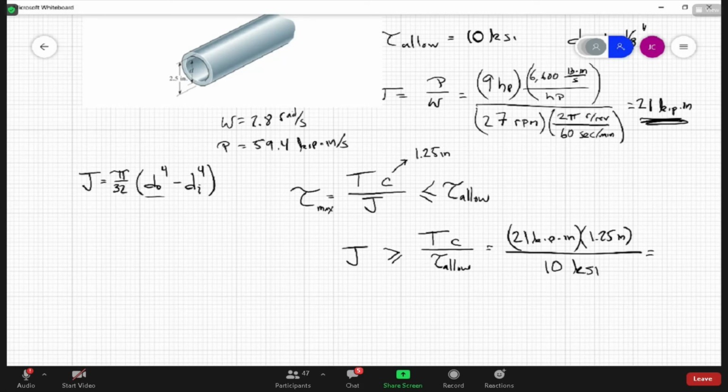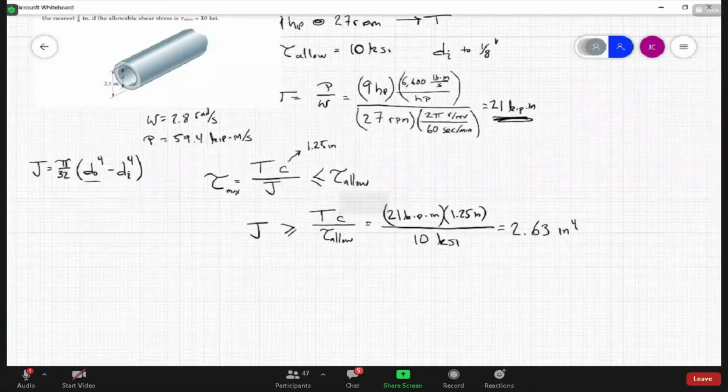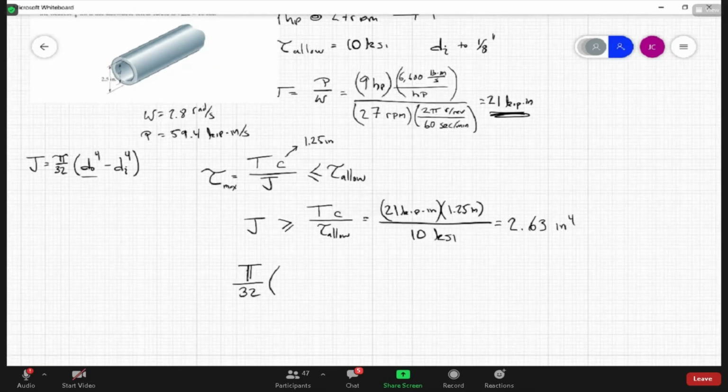So J has to be greater than or equal to 2.63 inches to the fourth. So the worst case, let's figure out what the inner diameter would be in that situation. We know pi over 32 outer diameter, and we know the outer diameter, that's the 2.5.